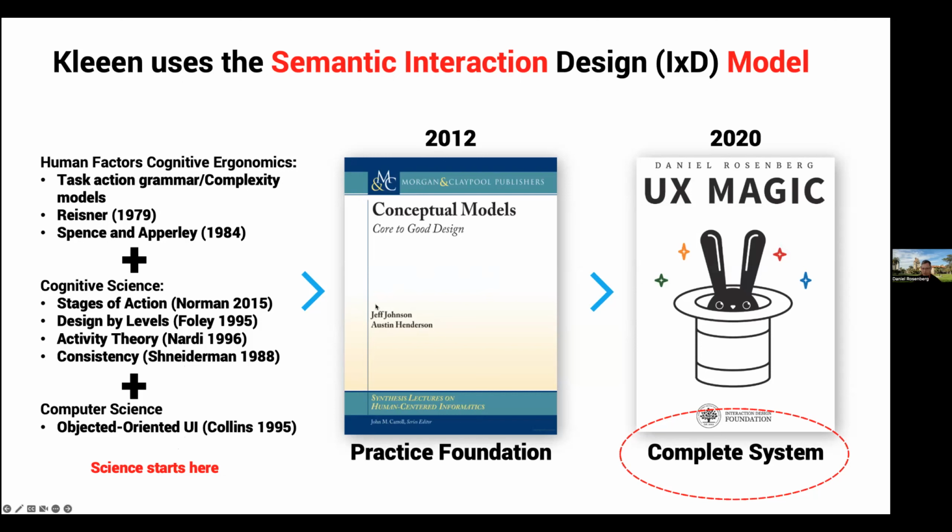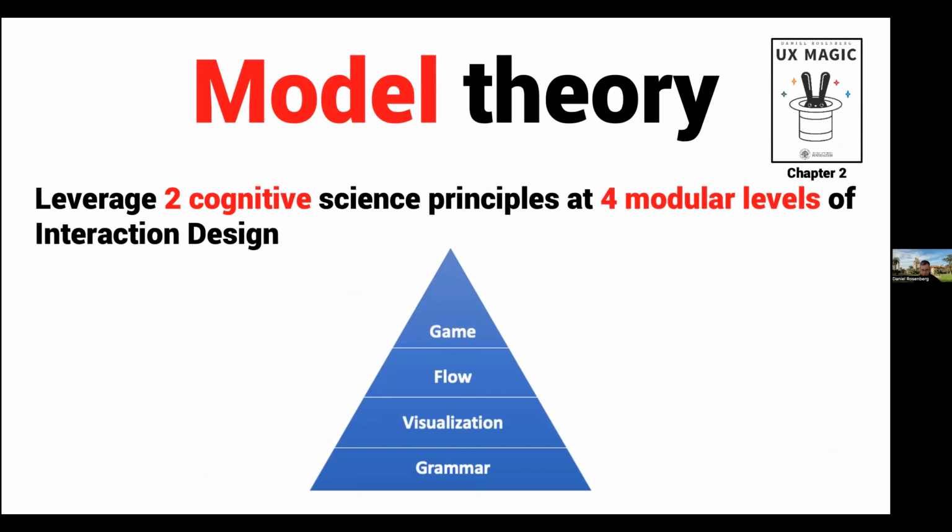And the core idea is to describe a conceptual model for the experience before the experience. And that was first documented in 2012 by Jeff Johnson and Austin Henderson, and kind of the first layer. And both, if you're not familiar with those names, they were both members of the original team at Xerox PARC that invented the graphical user interface 3 decades ago.